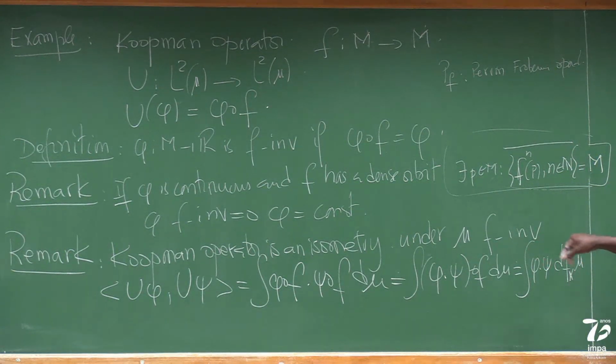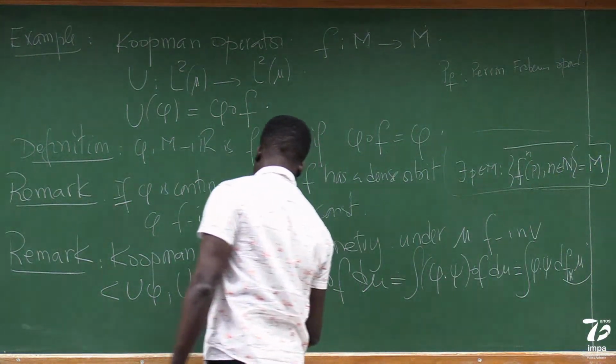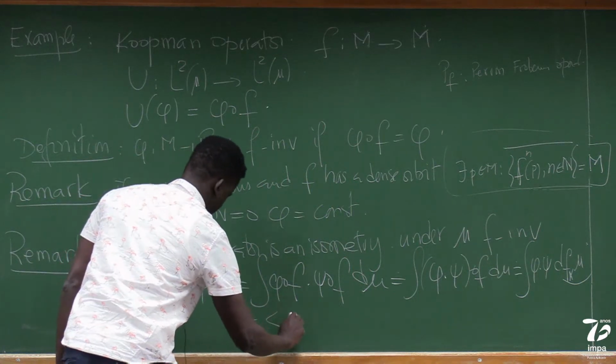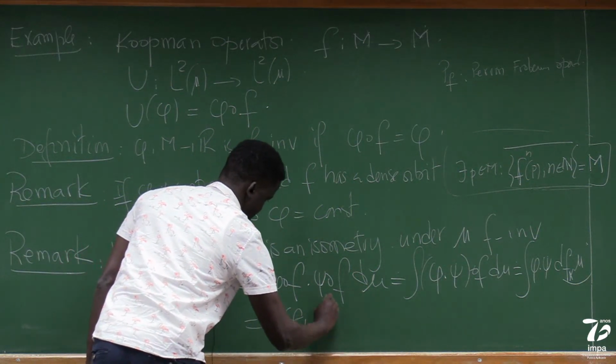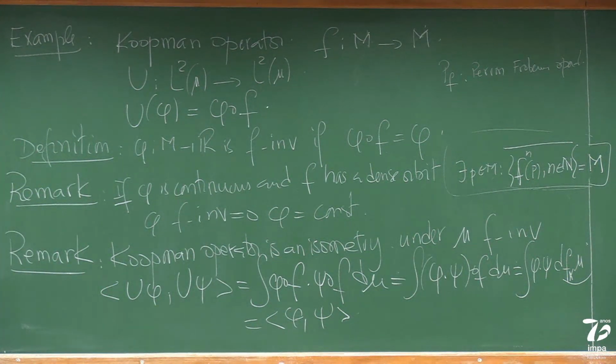We have seen how to get this, by the step that we are used to. And this being invariant tells you that f star mu is mu, so this is the integral of phi psi d mu. So this is an isometry, an example of an isometry.